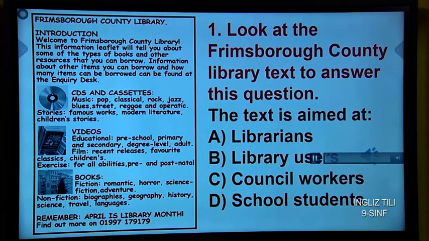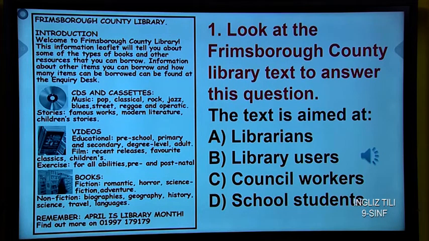Finsbury Country Library. Introduction. Welcome to Finsbury Country Library. This information leaflet will tell you about some of the types of books and other resources that you can borrow. Information about other items you can borrow and how many items can be borrowed can be found at the inquiry desk. CDs and cassettes. Music: pop, classical, rock, jazz, blues, street, reggae, and operatic. Stories: famous works, modern literature, children's stories.